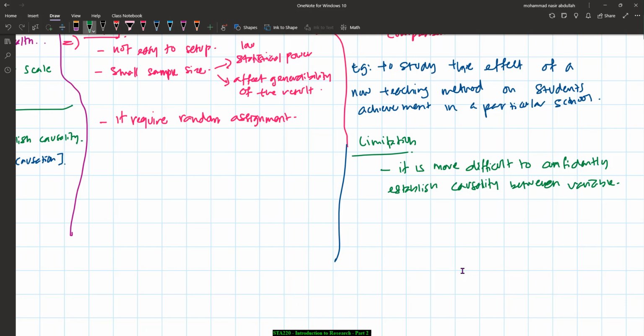So kenapa dia susah? Because the participant assignment is not random. Since the participant assignment is not random, it is more difficult to confidently establish causality between variable. And we have also less control over other variable.